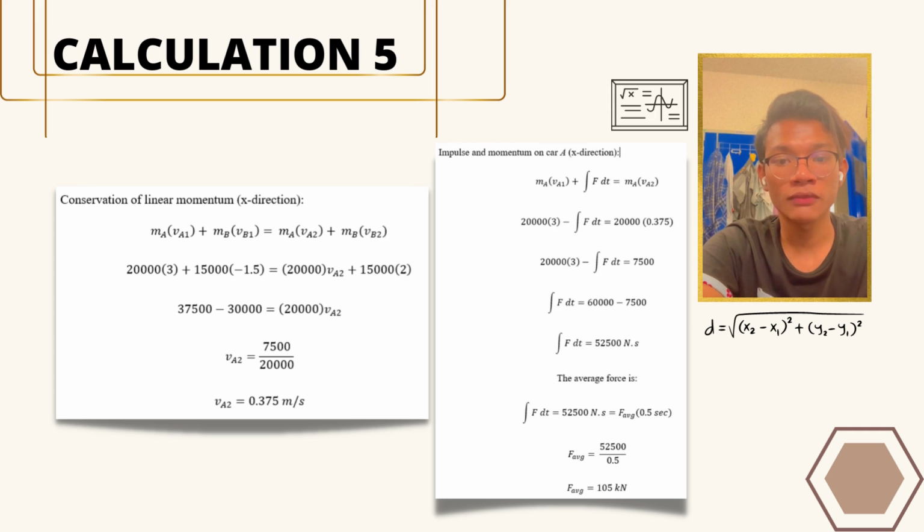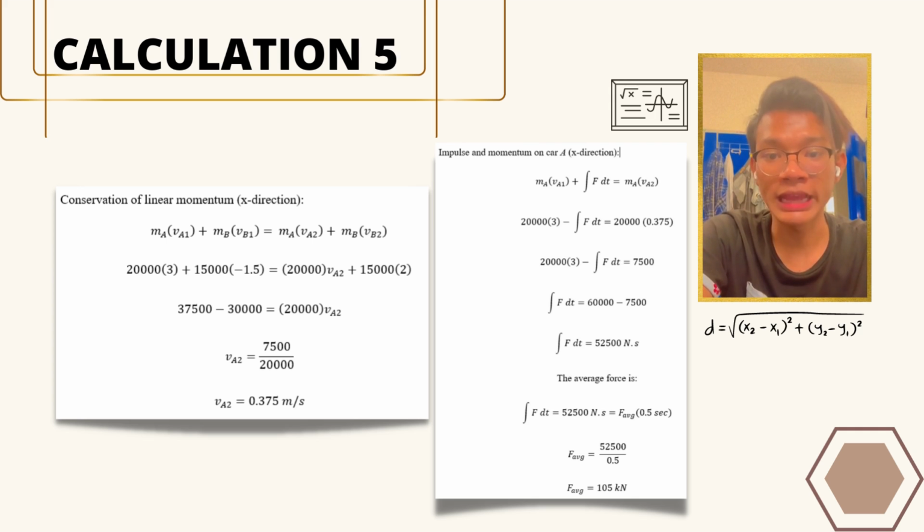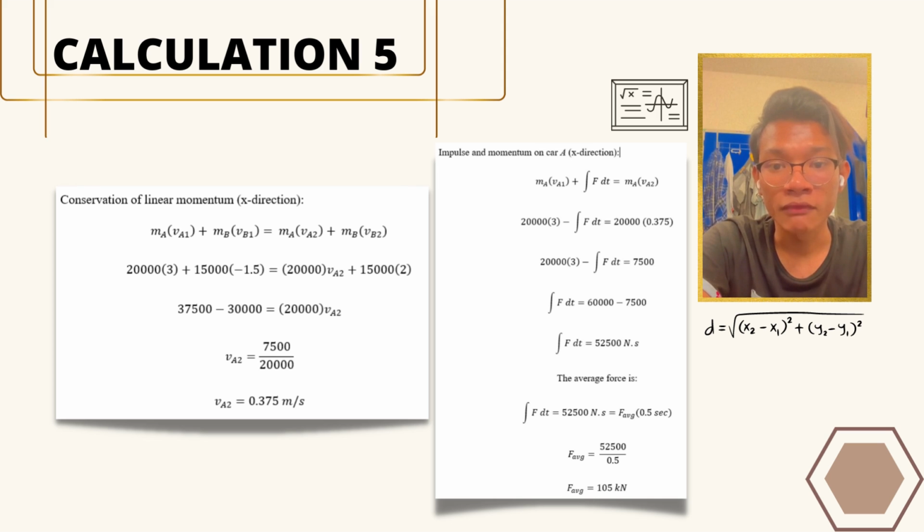For calculation 5, which is the last one, first we need to apply the conservation of linear momentum in the x direction to find the speed of car A. We are using the formula MA (VA1) plus MB (VB1) equals MA (VA2) plus MB (VB2).